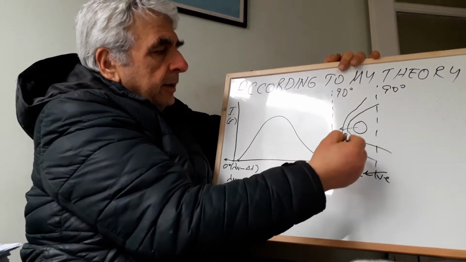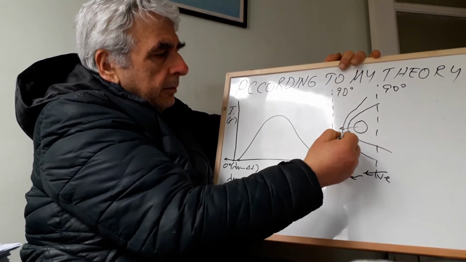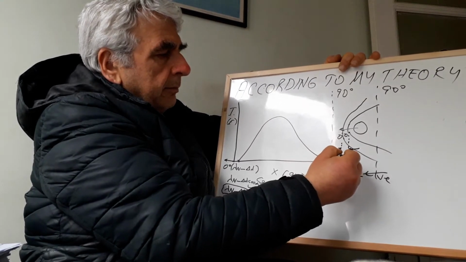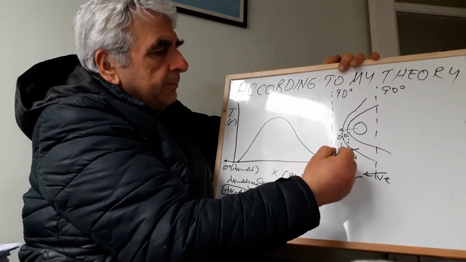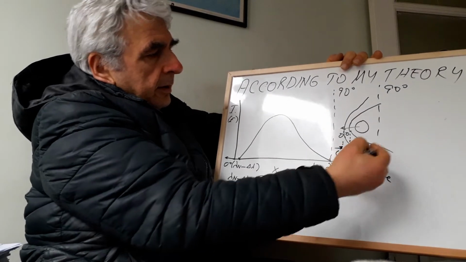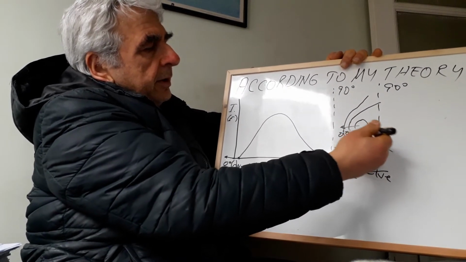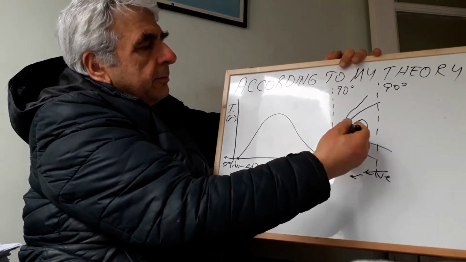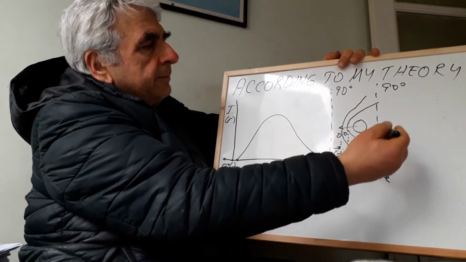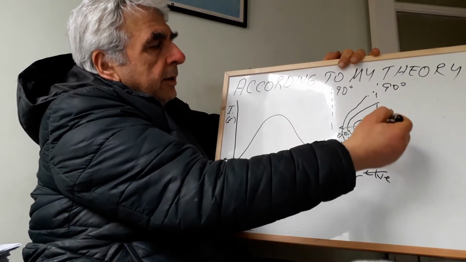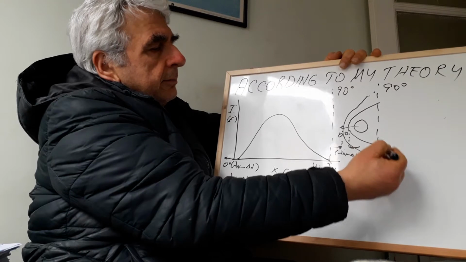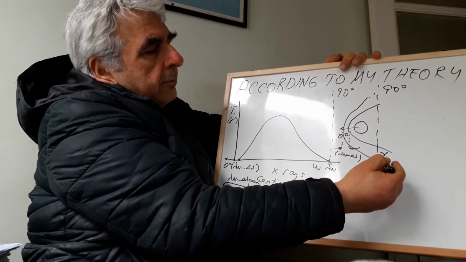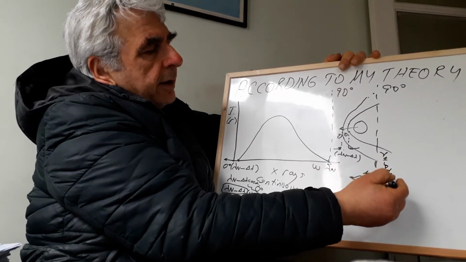Here, lambda n minus delta lambda in the 0 degree direction is a shortened wavelength, but here it is lambda n minus delta lambda cosine alpha.